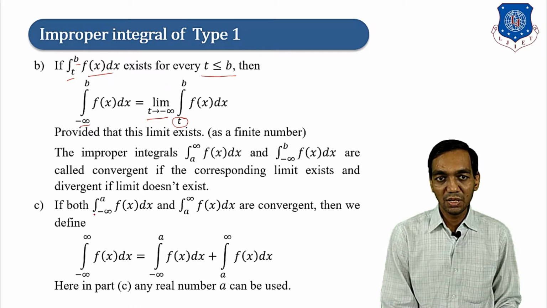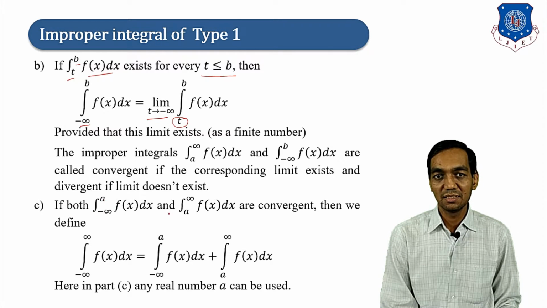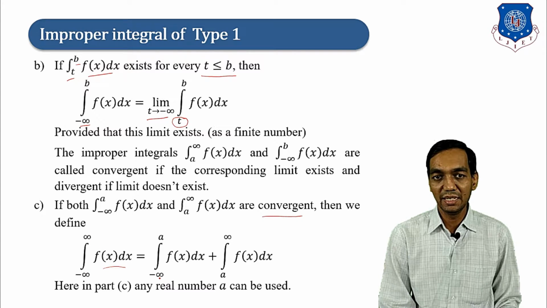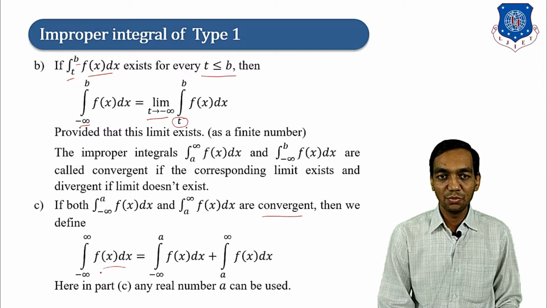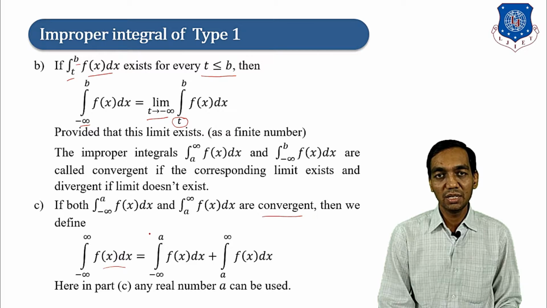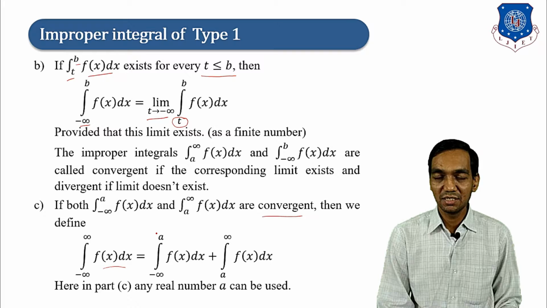Third case, if the integrals from minus infinity to a f(x) dx and a to infinity f(x) dx both are convergent, then we can define that integration from minus infinity to plus infinity f(x) dx is equal to integration from minus infinity to a f(x) dx plus integration from a to infinity f(x) dx. See, that means if you have given limits from minus to plus infinity, then first of all you have to break your integration at any point a which lies in between minus infinity and plus infinity, and then you have to evaluate both integrals separately.